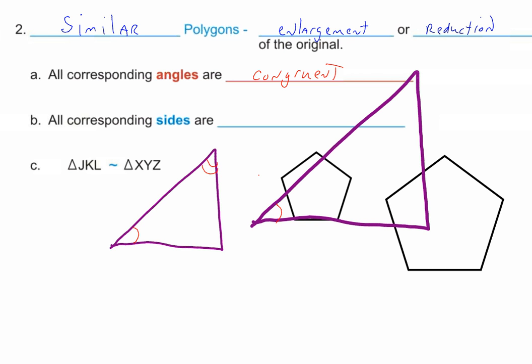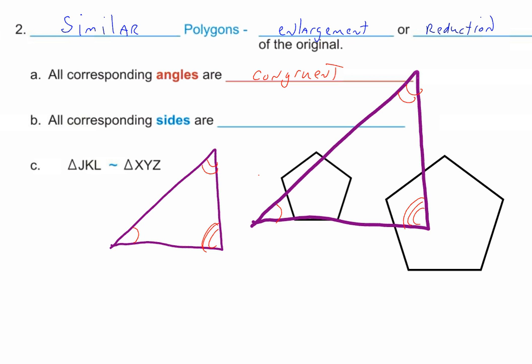This angle is congruent to this angle. And this angle is congruent to this angle. Could have used the right angle symbol there. You see that? The corresponding ones are congruent. All right? Because, again, similar is an enlargement or a reduction. So the angles are congruent.